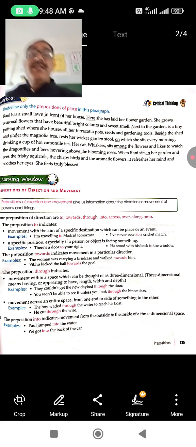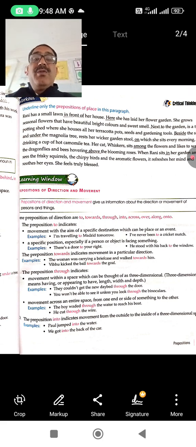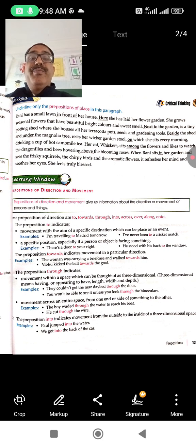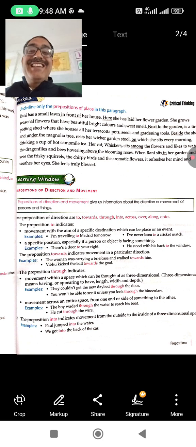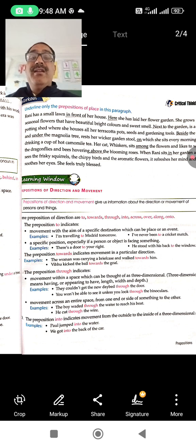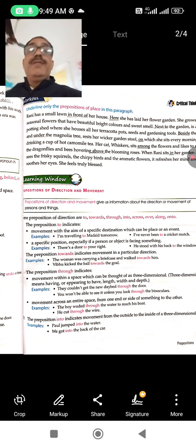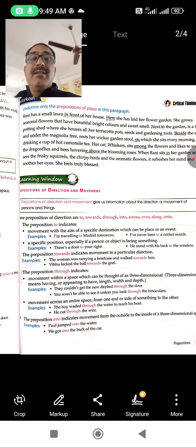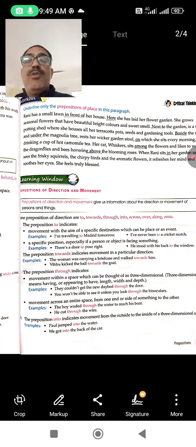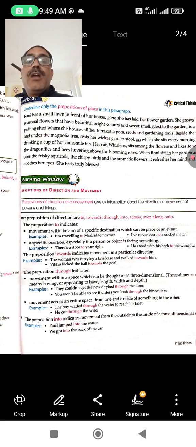Okay, students, next we are going to read prepositions of direction and movement. First of all, you will read the definition. Prepositions of direction and movement give us information about the direction or movement of a person or thing.